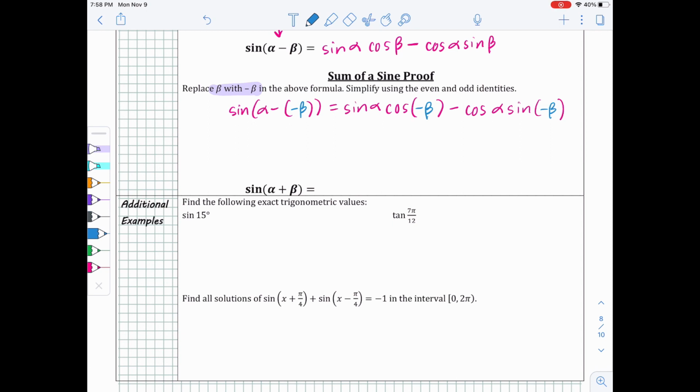So the sine of alpha minus negative beta is equivalent to the sine of alpha plus beta, which is what we want.